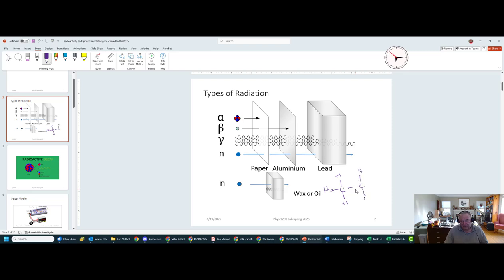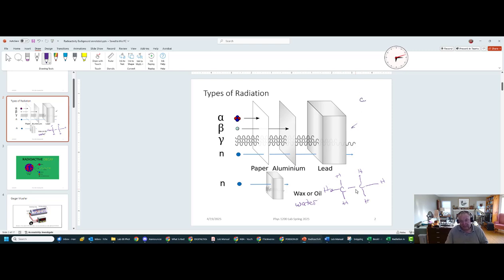And the oils look something like this too, and the waxes. And it turns out that the density of protons is higher in wax or oil, or even, I think, in water, than it is in lead.